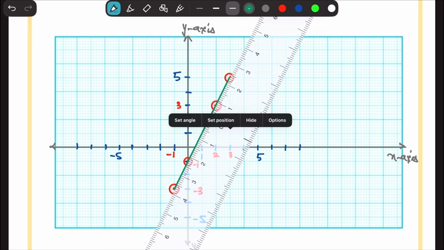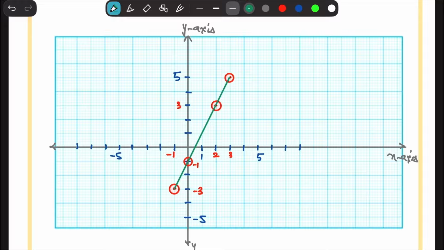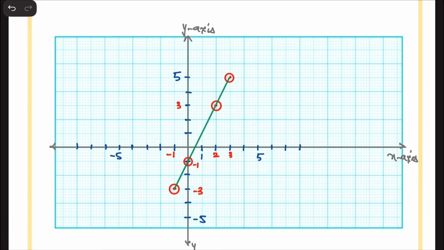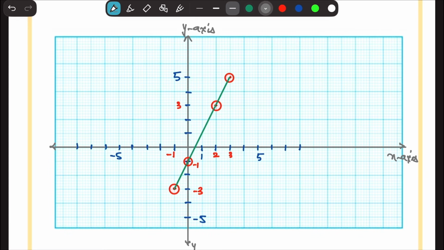Okay, you can observe one thing, that the line is representing the coordinates as minus 1 comma minus 3, and this point is represented as 3 comma 5. So yes, you can see that there is one minimum point and of course there is one point of maximum.